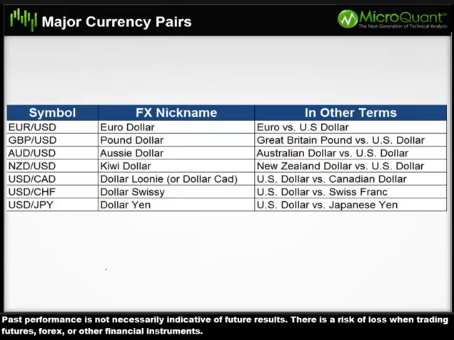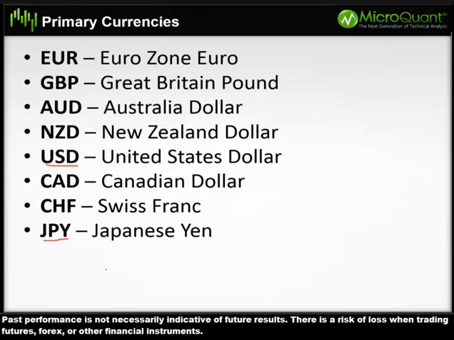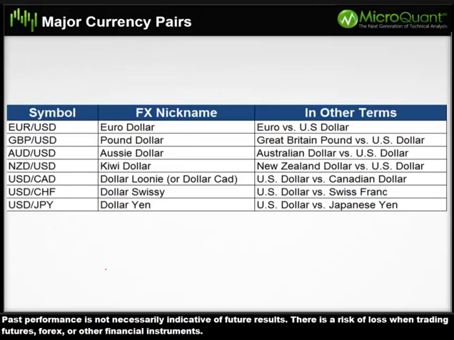All right, so that's something you want to keep in mind. Now, don't get faked out here, because you will see other currency pairs with the US dollar, such as exotic pairs. You'll see like the USD ZAR, which is the dollar South African rand. That's not considered a major pair because it's an exotic. We're talking major pairs are these currencies right here that are paired up with the US dollar.